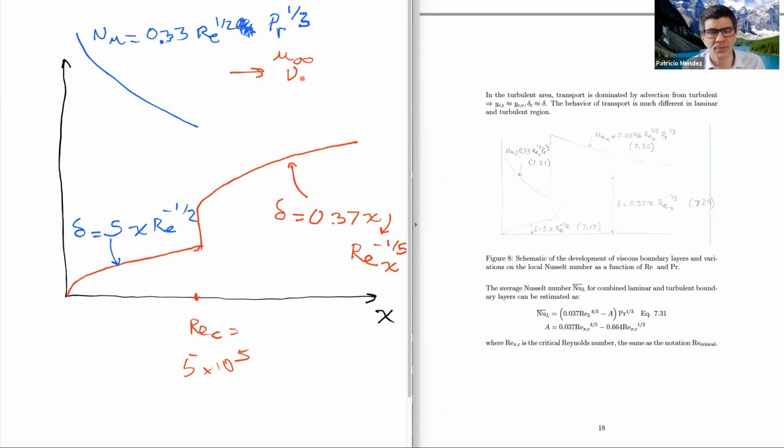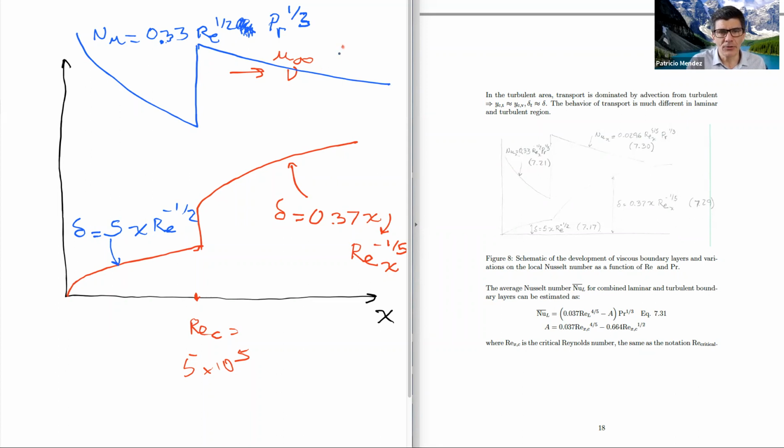But that's not true, because although the boundary layer is thicker, the enhanced transport, because of this local advection of the turbulence, more than makes up for it. So the Nusselt number still increases, and quite a bit. It increases so much that I would run into problems with my formula here. And then, because the boundary layer keeps increasing, this decreases slowly.